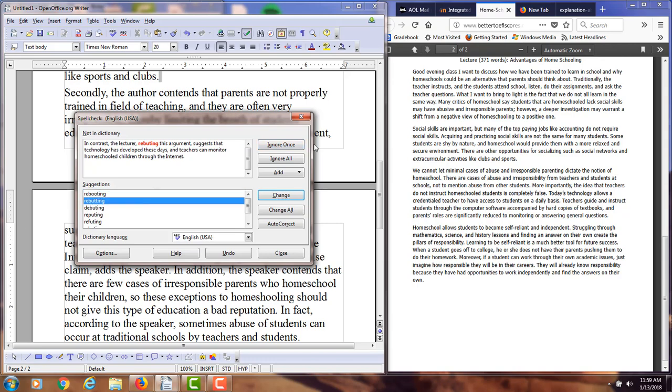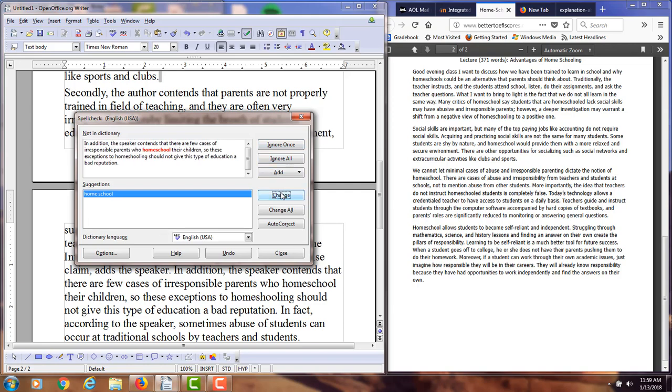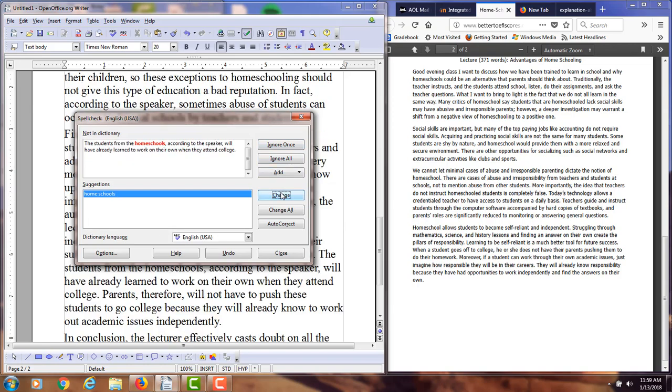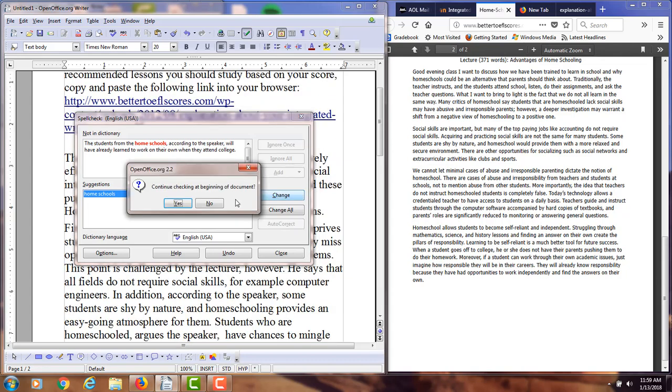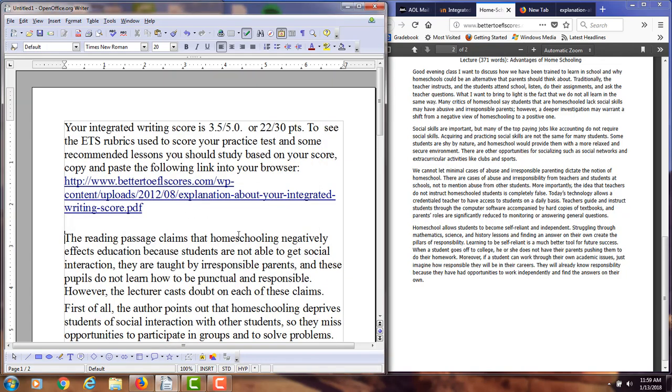You need to have 2 T's for rebutting. I think you can make it one word. I've seen it as one word, but I'm going to change it just in case. Okay, now let's read it one more time.